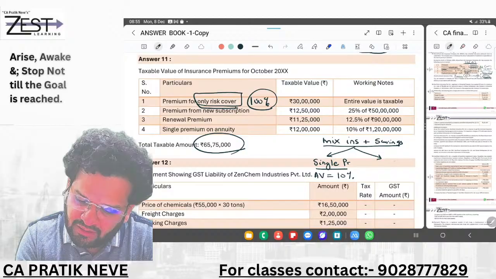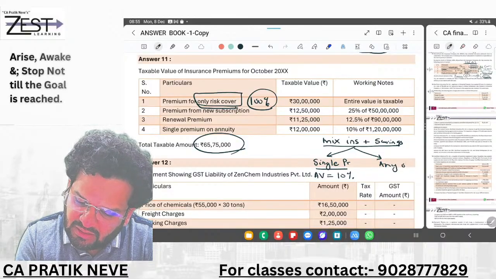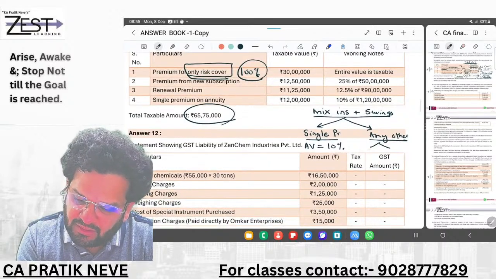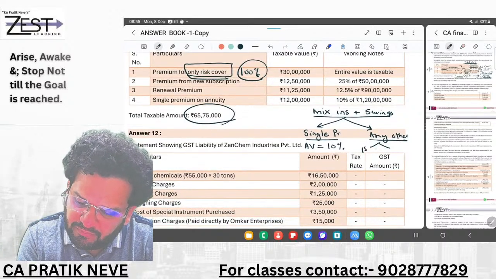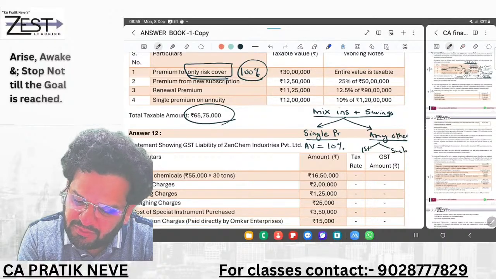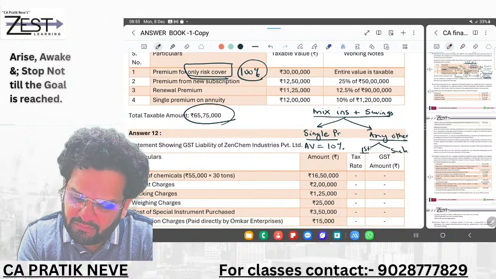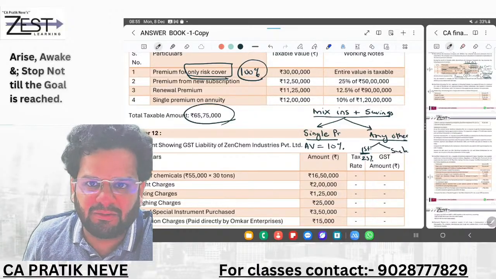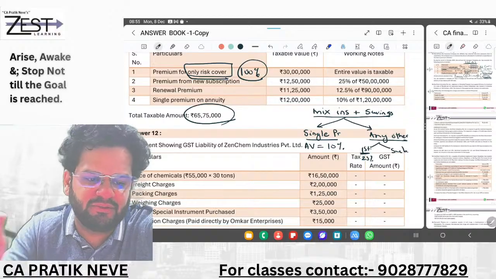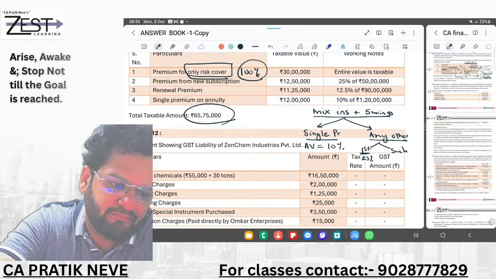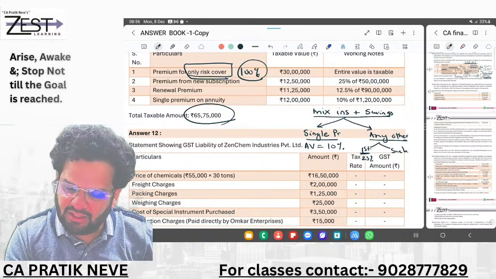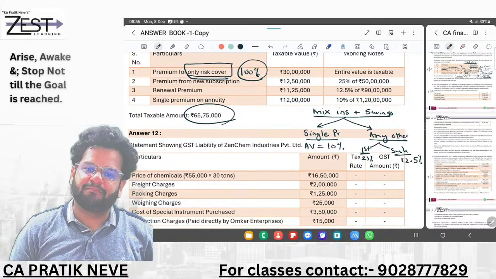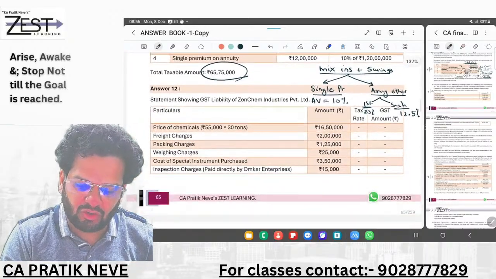Then it could be any other, and in any other there are two possibilities: first year premium or subsequent premium. For first year premium, assessable value is 25% of the premium. And for subsequent year premium, it is 12.5%. That's exactly what we did.